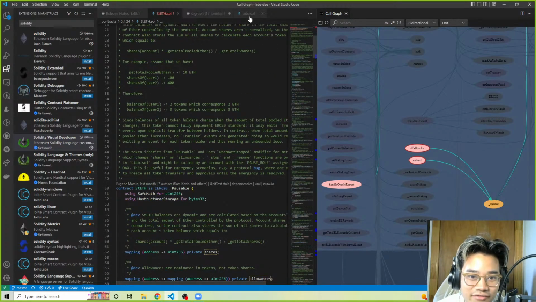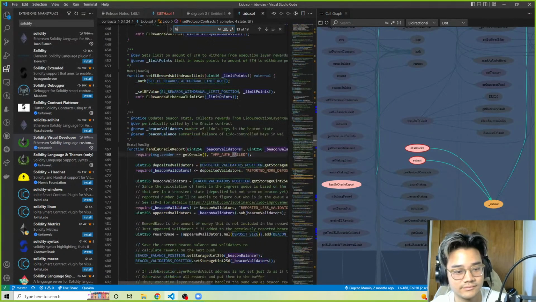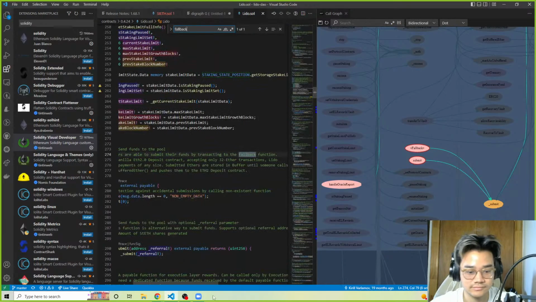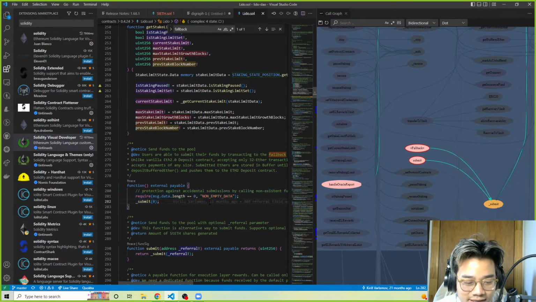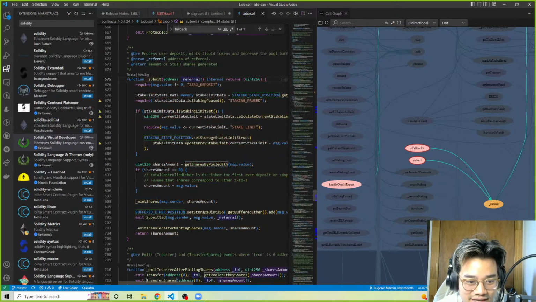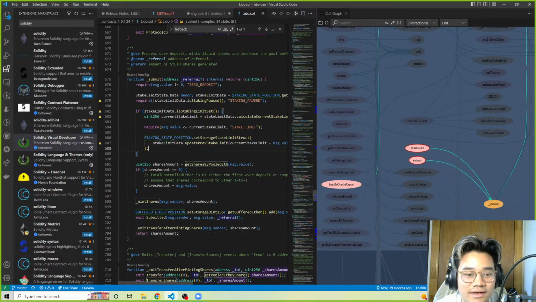A fallback function basically handles the data based on what's being submitted, as long as you're submitting some data, it doesn't matter what function signature or input you use. And that calls submit, and submit is basically a deposit function.